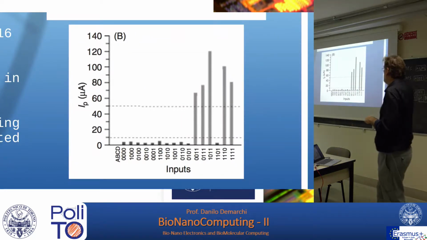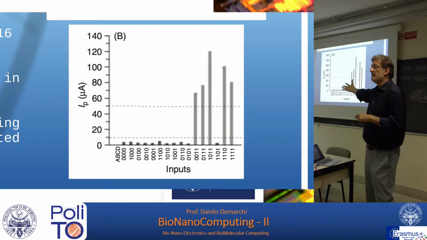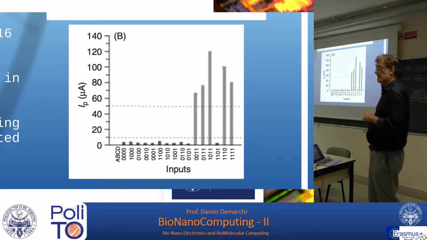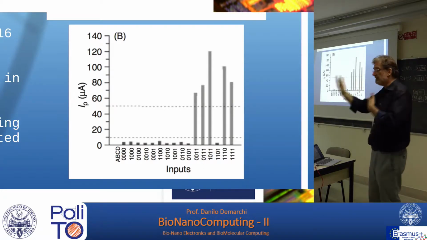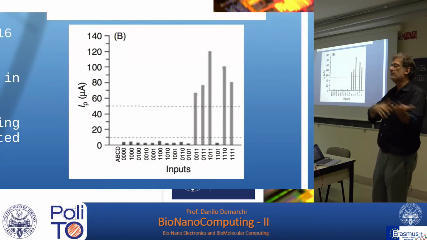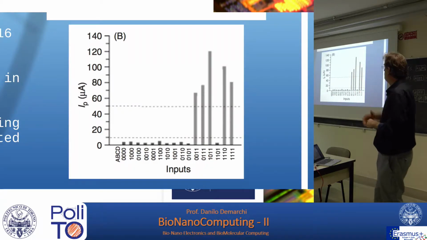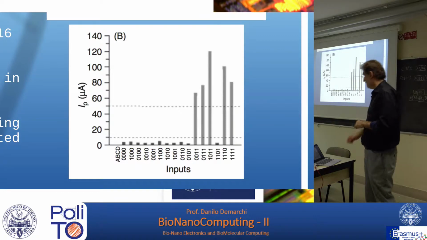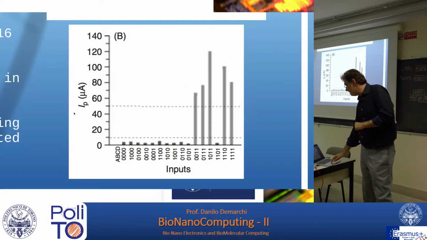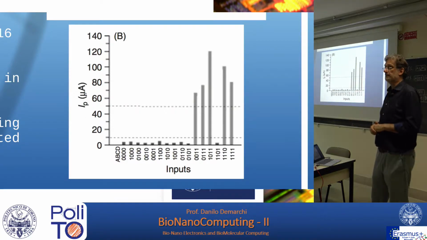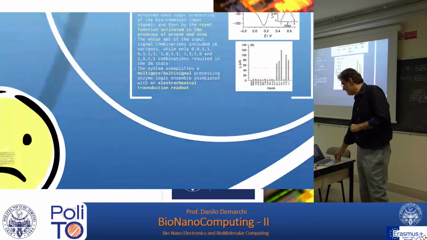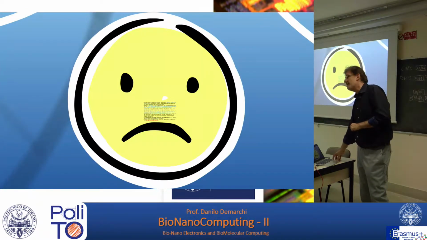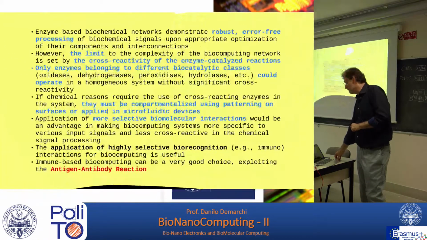And you see, I have a few combinations of my inputs that give me a 1 at the end, and you see here the difference when I have my inputs or when I don't have them, and this is the output of my cell measured by the current, because I'm doing an electrochemical cell measuring the output current. There is bad news that I want to give you.